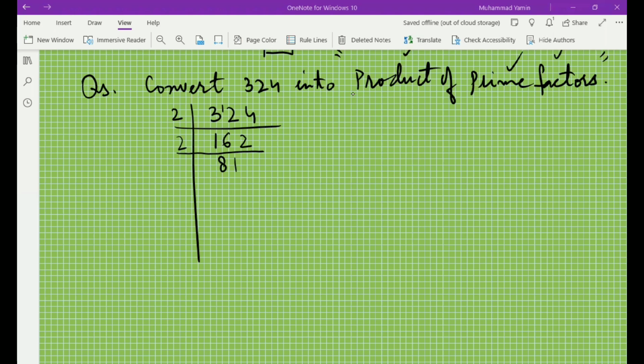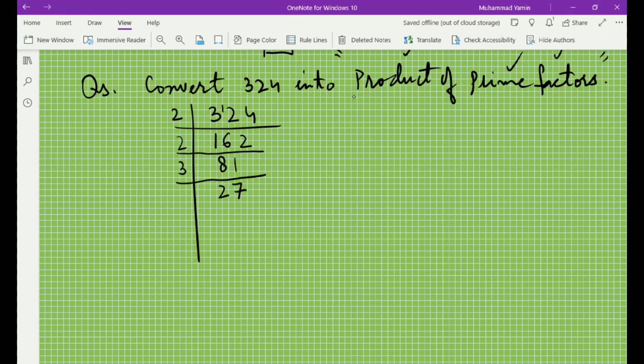So we will take the number which can divide this 21, and that number will be 3. Then again think this way, where will this 81 lie in the table of 3? That will be 3 to the 6. And then 2 left, that will be combined with this one to make 21.